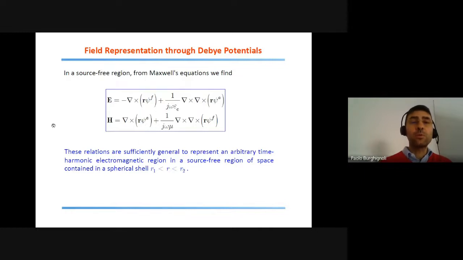And furthermore, these relations in the box, so this representation for the field, can be shown to be sufficiently general to represent an arbitrary time harmonic electromagnetic field in a source-free region of space contained between two spherical surfaces with radii r sub 1 and r sub 2. So it is a very general representation for the field. Here it should be electromagnetic field, of course, not electromagnetic region. That's a typo.